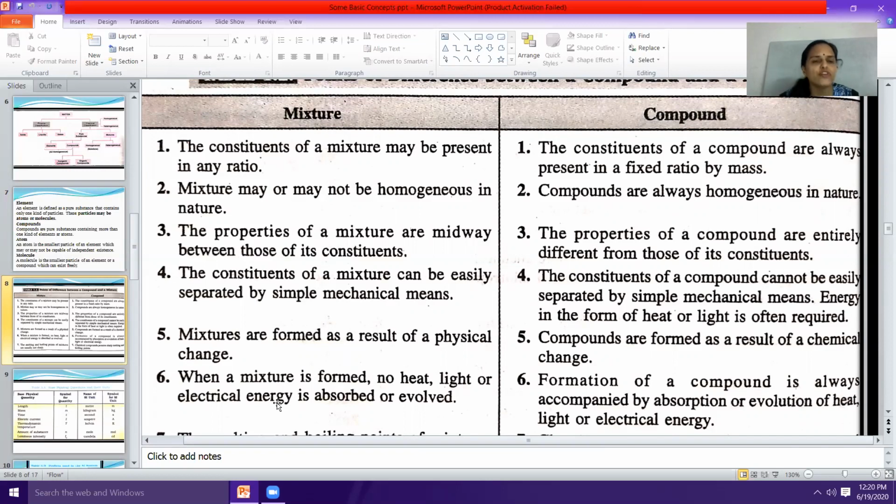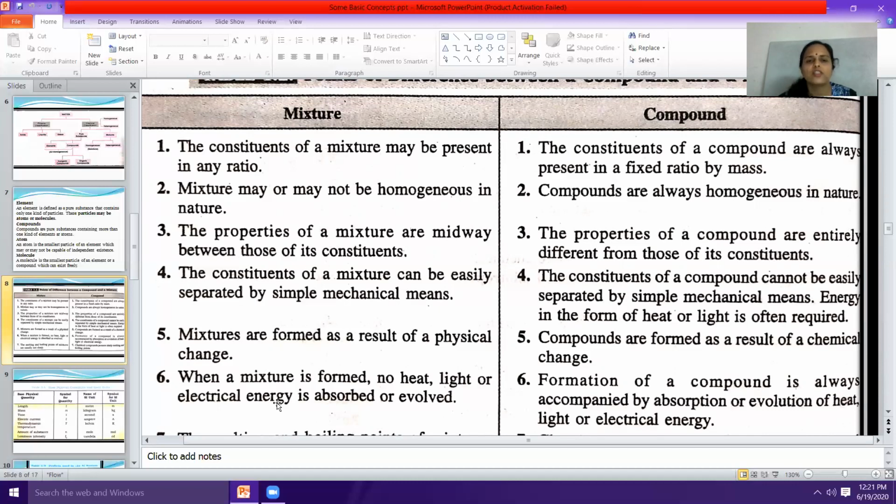Then the second point of difference: a mixture may or may not be homogeneous in nature, whereas compounds are always homogeneous in nature. Third point of difference: the properties of a mixture are midway between those of its constituents, whereas the properties of a compound are entirely different from its constituents.